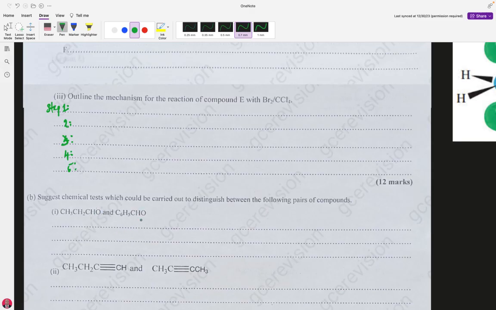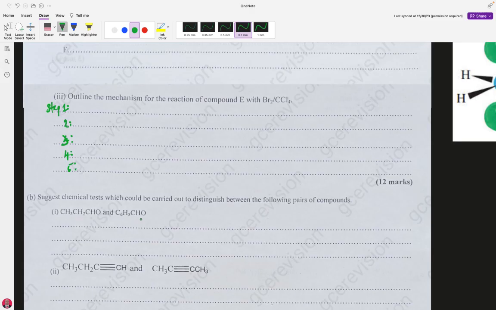But if you look at their carbon atoms, this one is an alkyl group, there are 3 of them. This is an aryl group. This is an aromatic compound. This is an aryl group and this is an alkyl group.